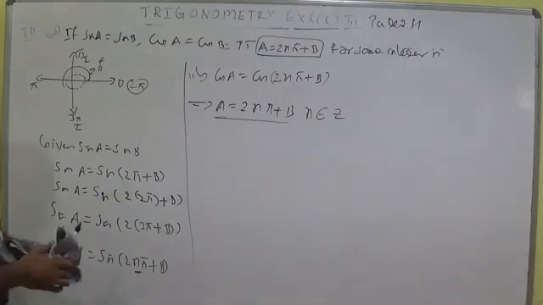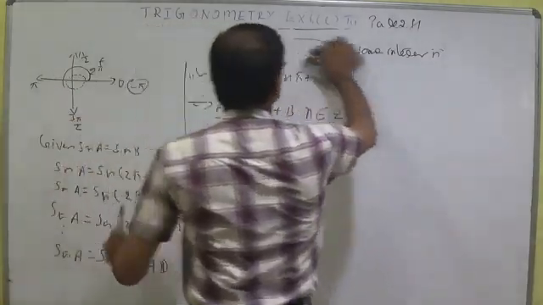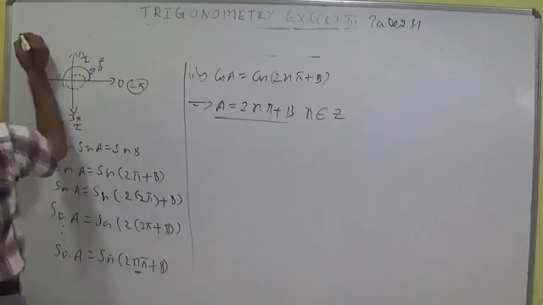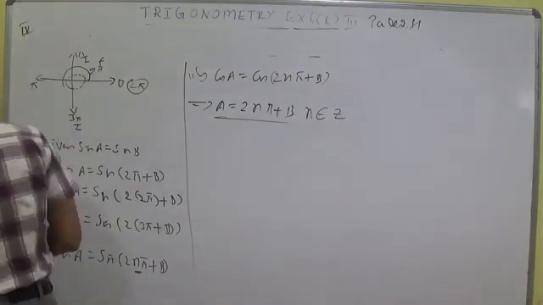Next, one important question is there, fourth question. Roman number 3, general number 4.